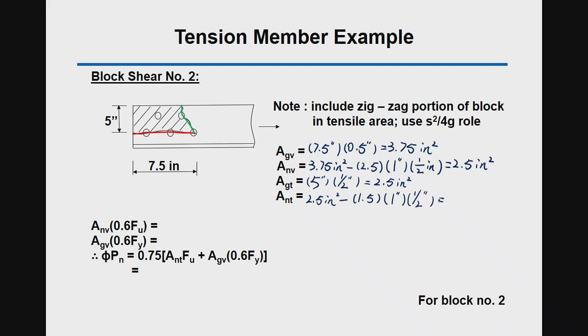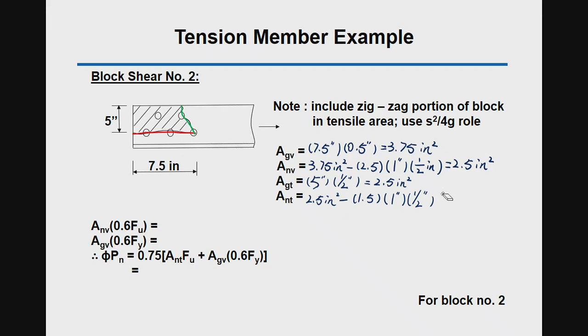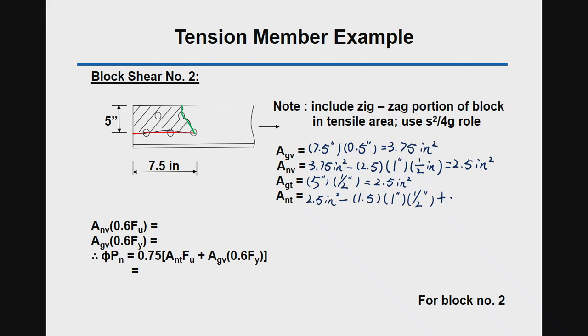And we have to account for the inclined path, so plus s squared over 4g. s is the lateral spacing, so 1.5 squared divided by 4 times g. g is the spacing between the two rows, so 4 times 3, and times the thickness, right?